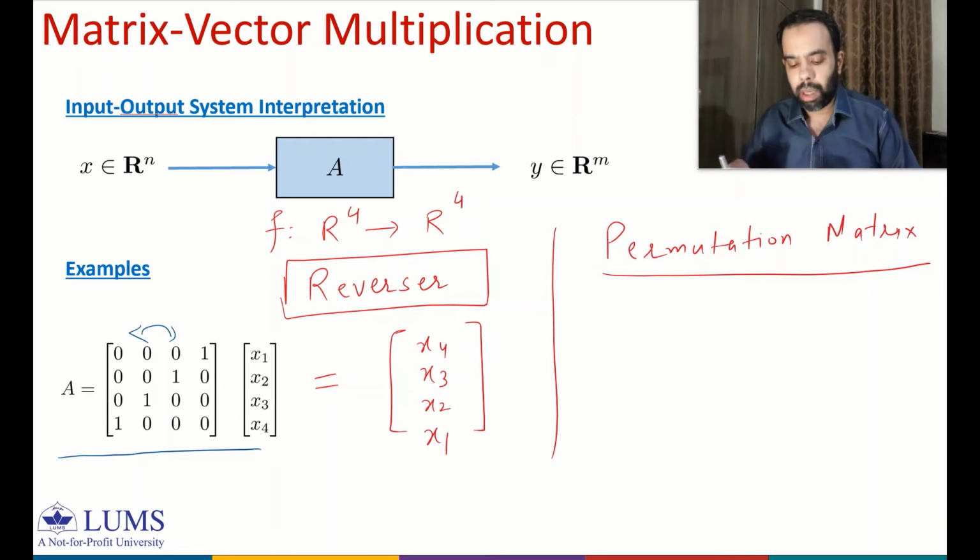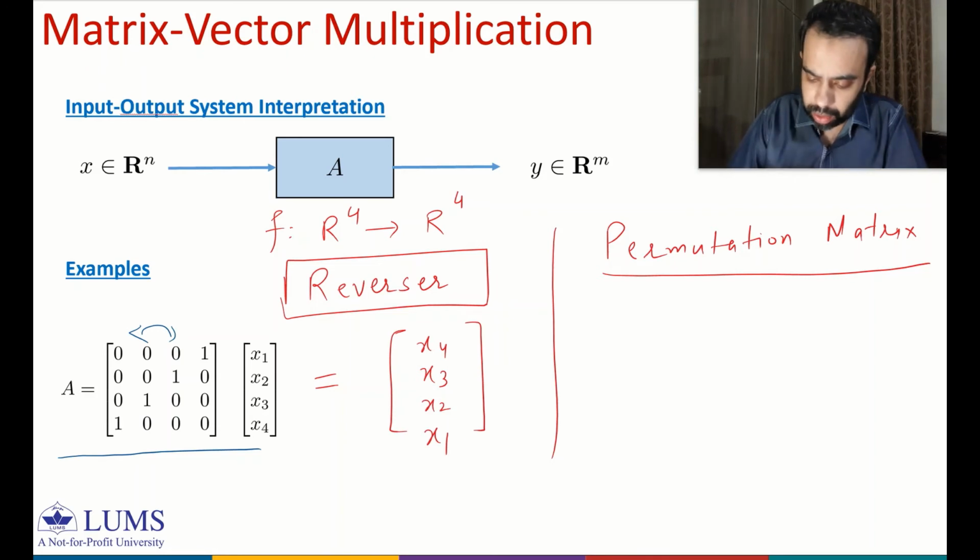And if you arrange these columns in different orders, the output would be the components of the input arranged in a different order. That's why, in general, we define a permutation matrix, say we denote it with P, and that's a square matrix that belongs to R n cross n, right?